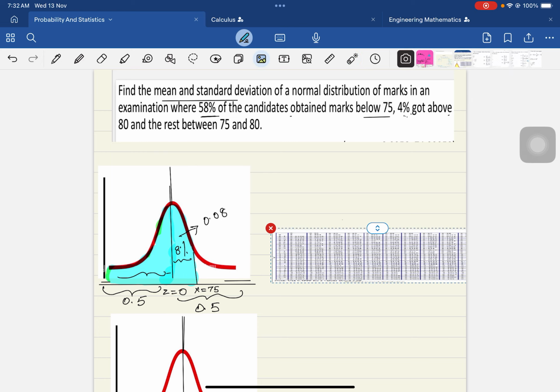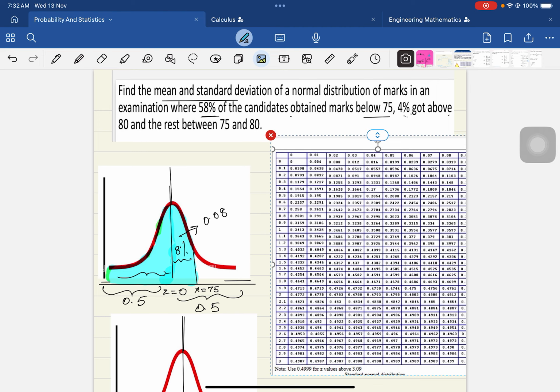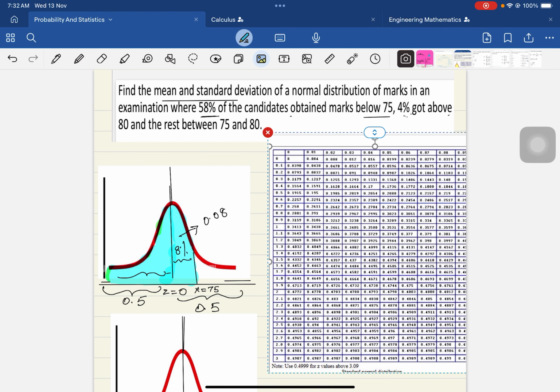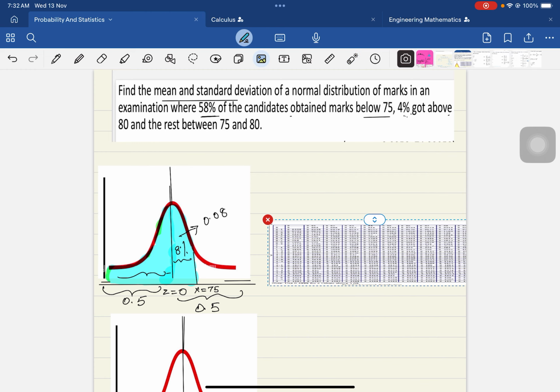That means our job is now to find out 0.08 is corresponding to which value of z. Now look at that, 0.08 is corresponding to 0.21. Understood?